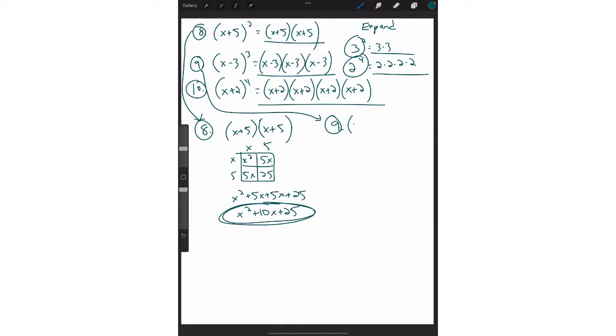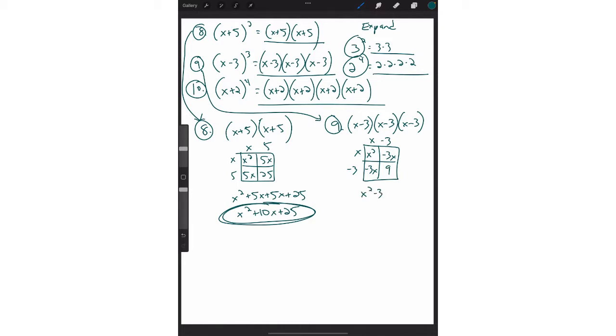So if I have x minus 3 times x minus 3 times x minus 3. I'll start with the first two, right? I'll say x minus 3, x minus 3, x squared minus 3x minus 3x. That gives me a 9.